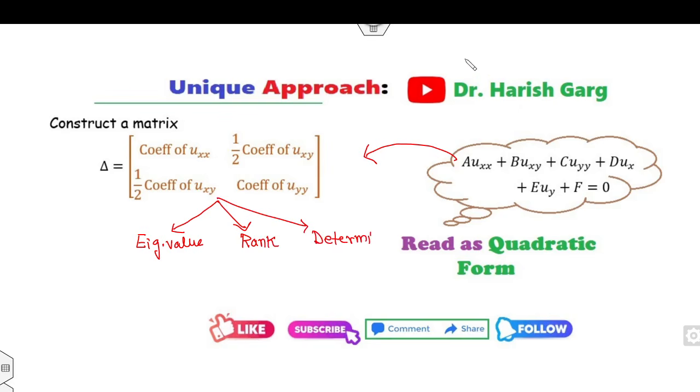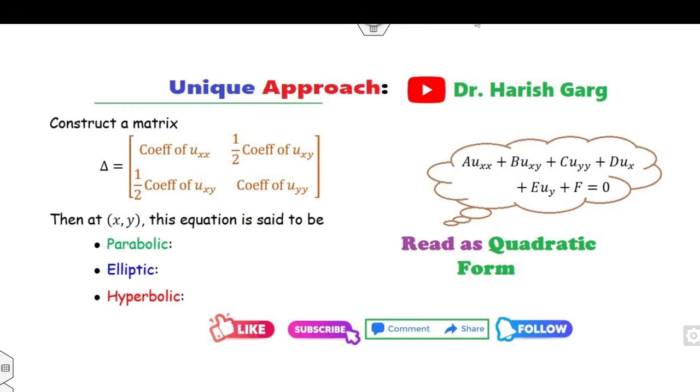That means I can classify the partial differential equation with the help of this method as well. Once you construct the matrix, it's very simple. You can find the rank and eigenvalues, as you have watched in my linear algebra series.